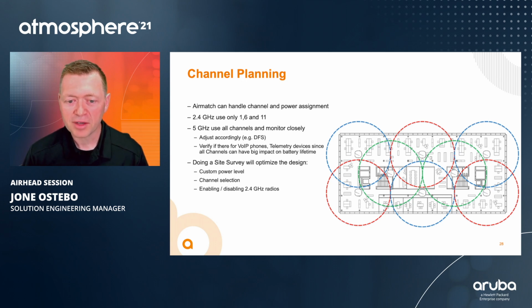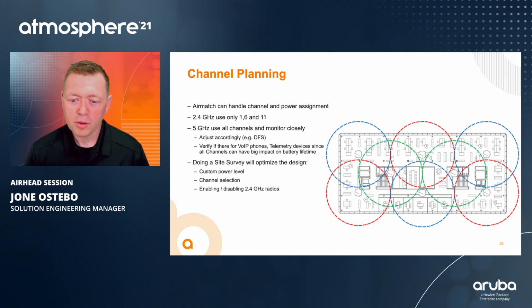If you look at these different APs with different colors, we will see that by using these 3 channels, in an optimal scenario, they will not interfere with each other that much. So the AP in the upper left corner will not interfere with the next one using the same channel, and the same one over here.